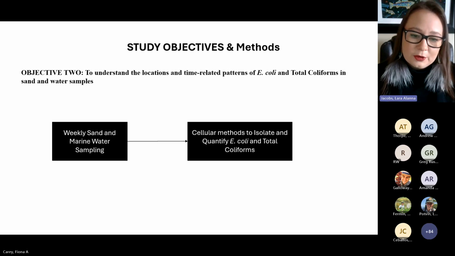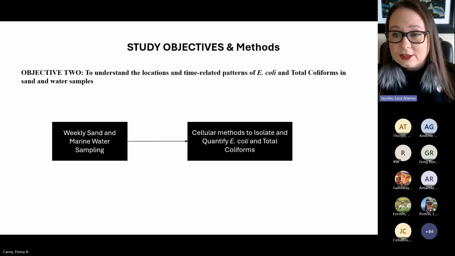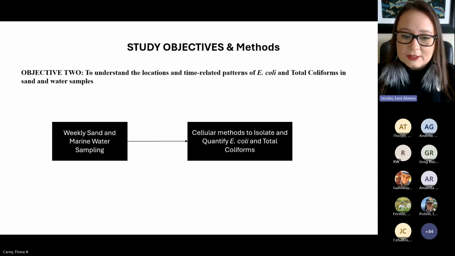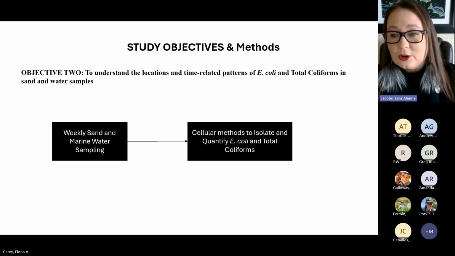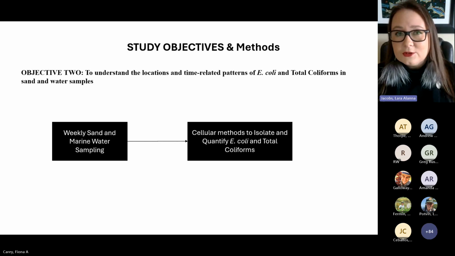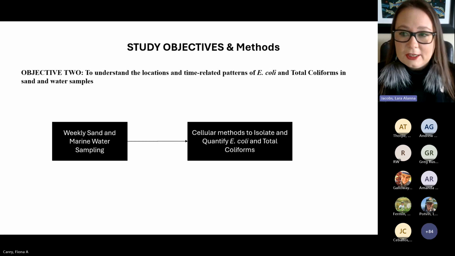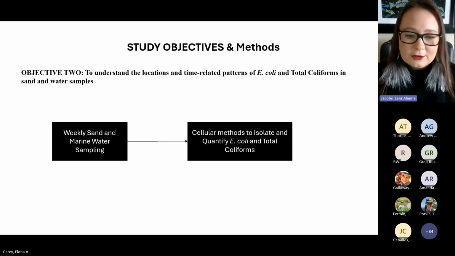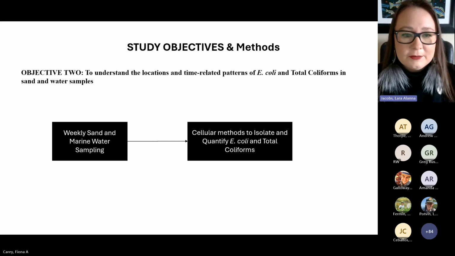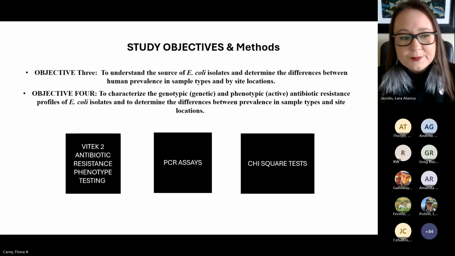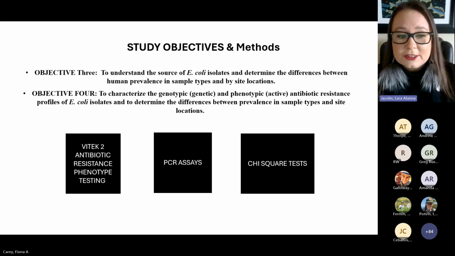And then we brought all of those samples back and did different cellular methods to isolate the bacteria that we found and to quantify E. coli and total coliforms specifically. And those two groups of bacteria originate from the intestines and gastrointestinal tracts of mammals and some birds. So that's why we focused on these two types. Next slide, please.